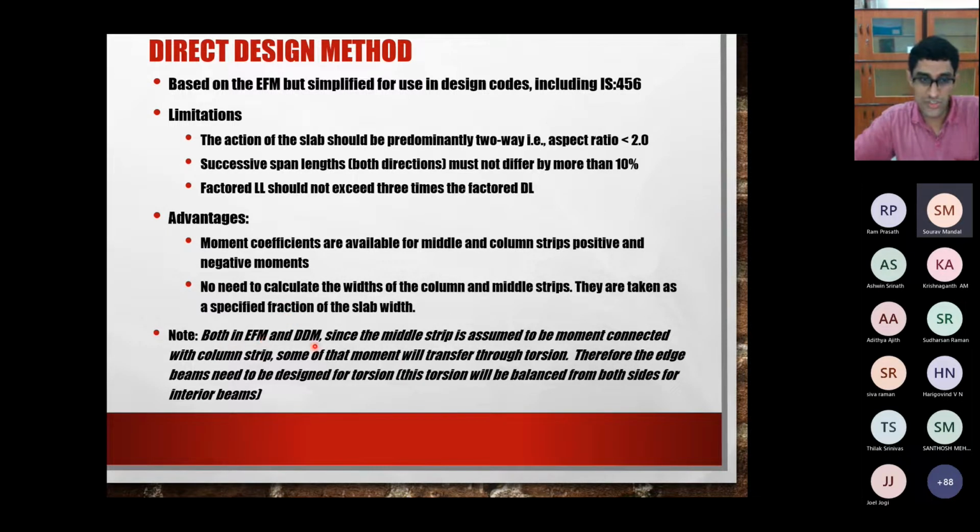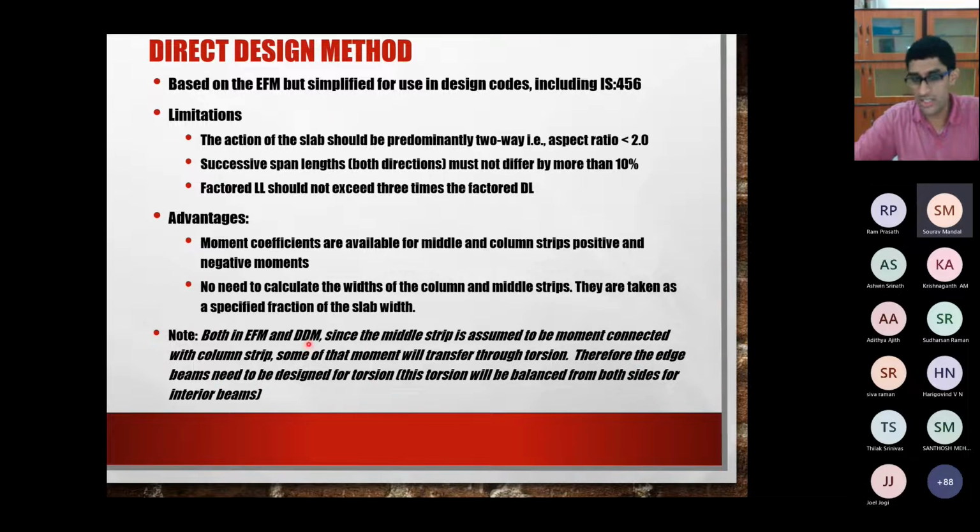Both in the equivalent frame method and direct design method, since the middle strip is assumed to be moment connected with the column strip, some of that moment will be transferred through torsion. So therefore, if you're having a beam supported system, not a flat slab, then you need to design the beams for torsion.